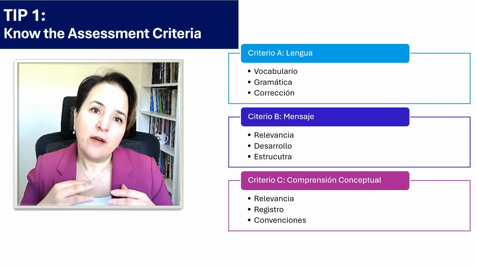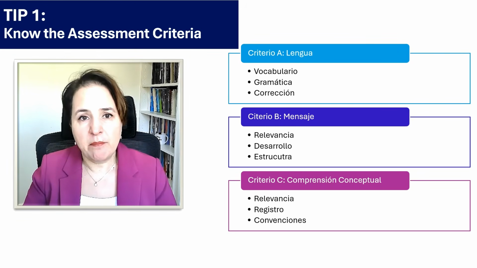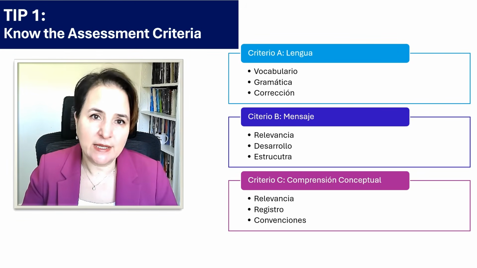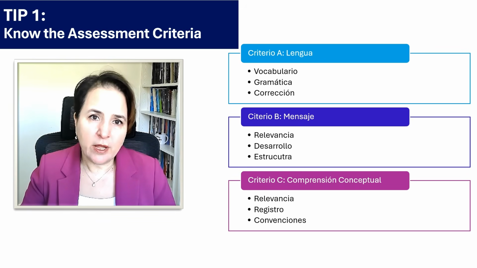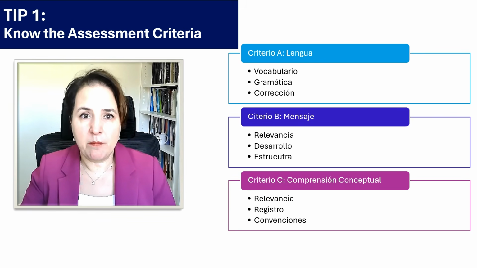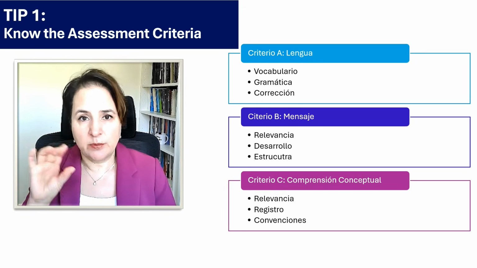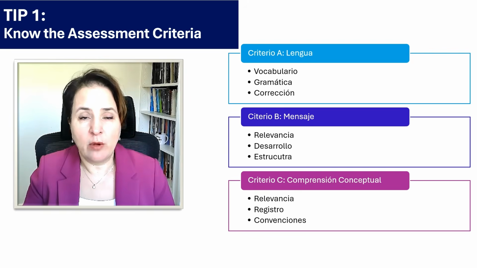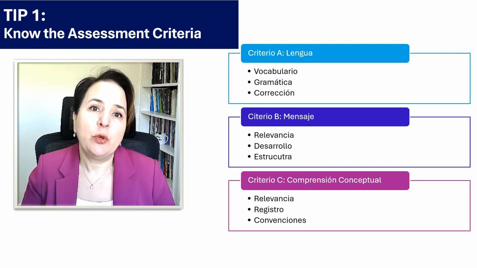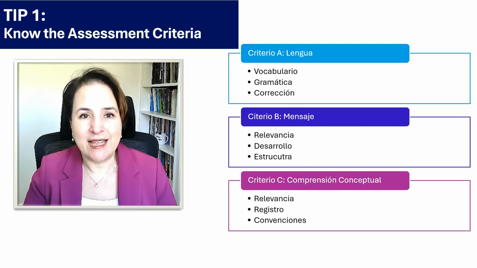So you have 3 criteria: language, message, and conceptual understanding. Each of these criteria, I want you to look at them as made up of 3 subsections. So the first criteria, which is about language, how well you use your language, how effectively you use Spanish in this case.